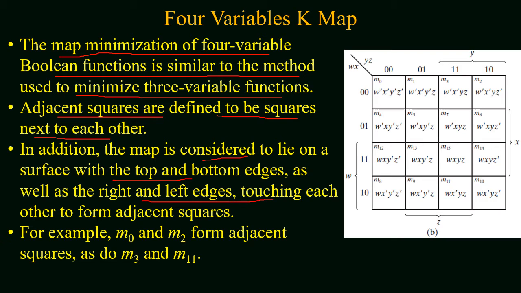Now in case of 4 variables, the map is considered to lie on a surface with top and bottom edges as well as left and right edges touching each other to form the adjacent squares. So we can say that row-wise M0, M2, M4, M6, M12, M14 and M8 and M10 are adjacent squares. Similarly, for columns M0, M8, M1, M9, M3, M11 and M2 and M10 are adjacent squares.